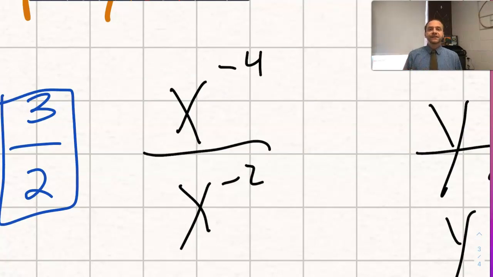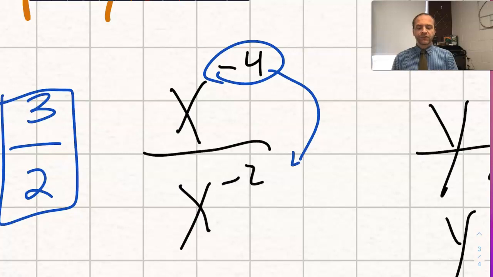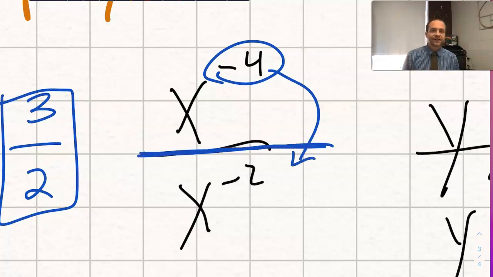The idea is you take the smaller of them, which negative 4 is smaller than negative 2. And I'm going to move that to the other side, and crossing the fraction bar is like crossing an equal sign for exponents. I have to use the opposite operation. So to move that negative 4 to the other side, I'm going to add 4. And that gives me negative 2 plus 4 on the bottom.